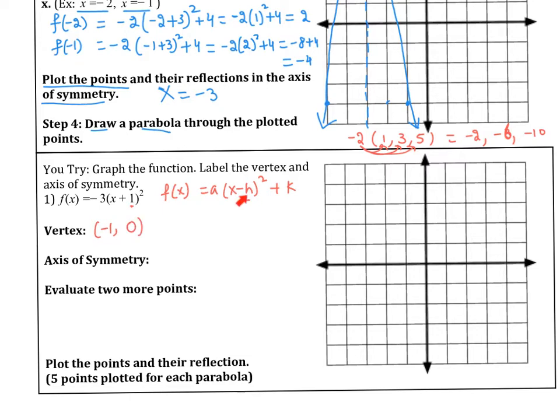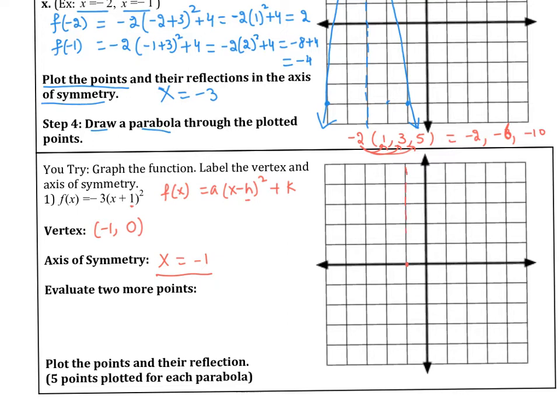Remember, for the h value we check the opposite sign, so it's (-1, 0). For the axis of symmetry, you choose x equals -1. Now I'm going to plot (-1, 0), which is the vertex, right here. The axis of symmetry is a line, so it's the line x = -1.